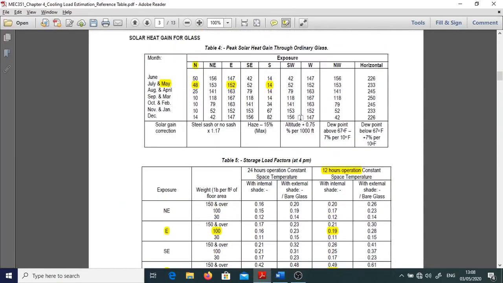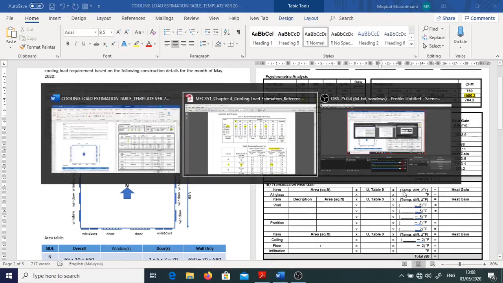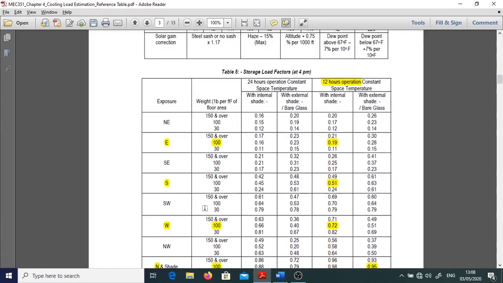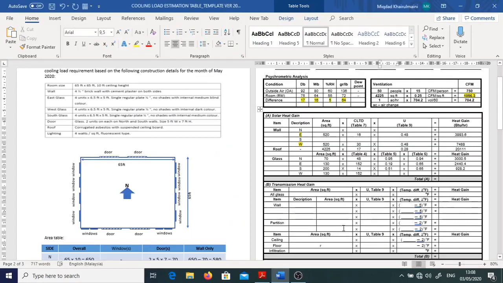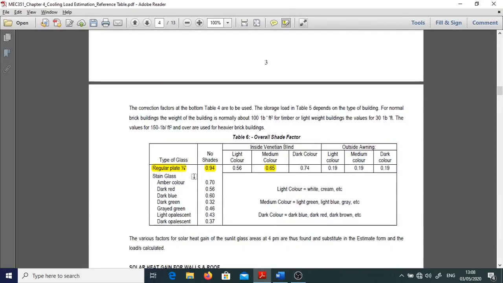Table 4 is 152 also. So 152 here times with the cooling load factor. Just now we have read 0.72. And then for the shading coefficient, regular plate, dark color is 0.74.